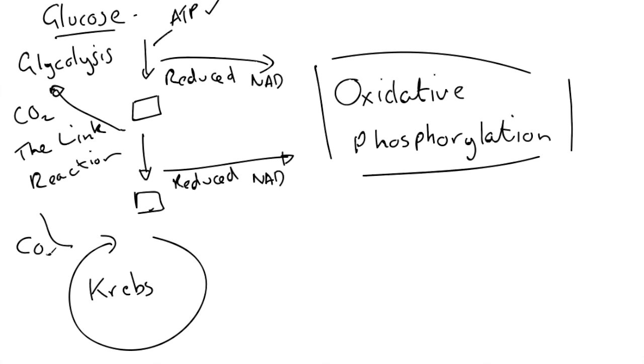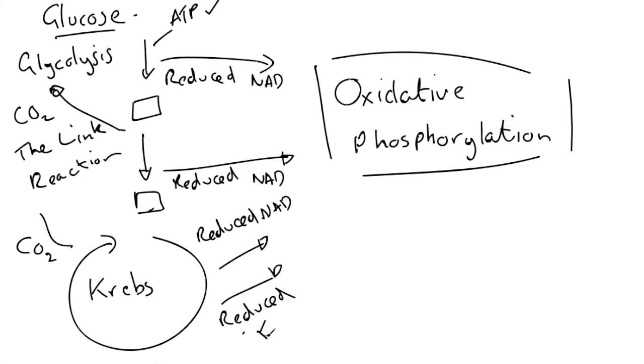Some more CO2 is released, but then two products go over. You get your reduced, you guessed it, NAD, and then you get a similar molecule called reduced FAD. And all these reduced NAD, reduced NAD, reduced NAD, reduced FAD go over to oxidative phosphorylation.